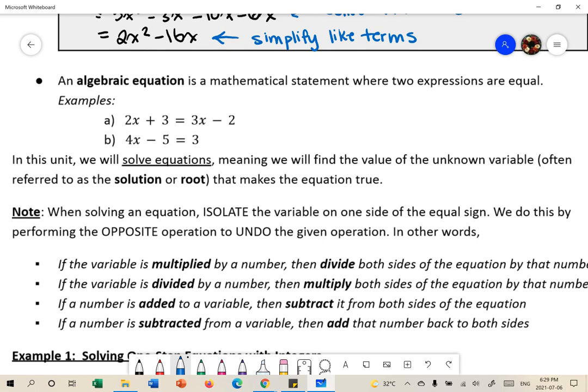So here are two examples of an equation. 2x plus 3 is equal to 3x subtract 2, and 4x subtract 5 is equal to 3. I know that these are examples of algebraic equations because there are expressions on the left and right side, and there's an equal sign in between.